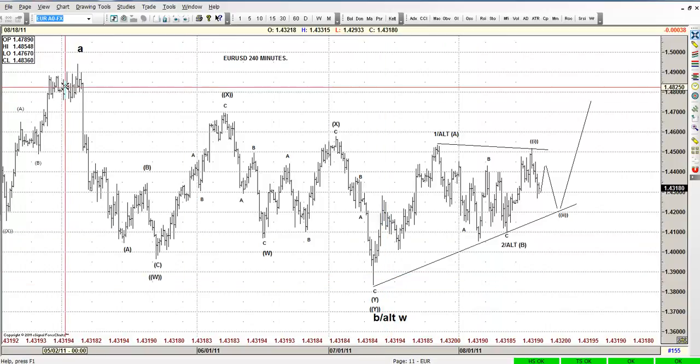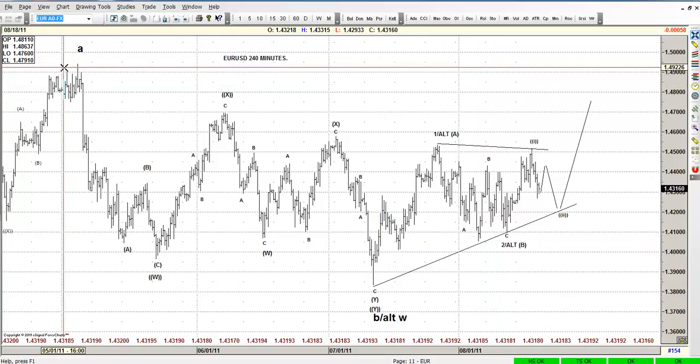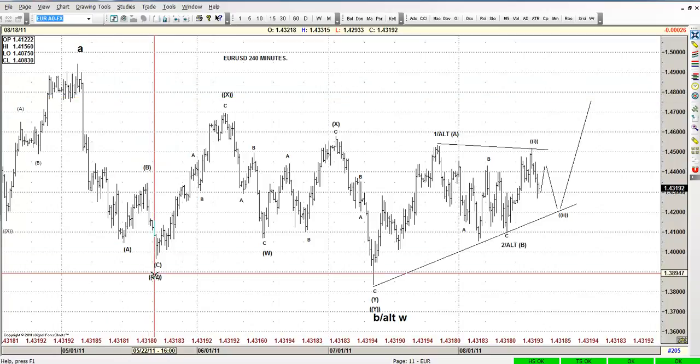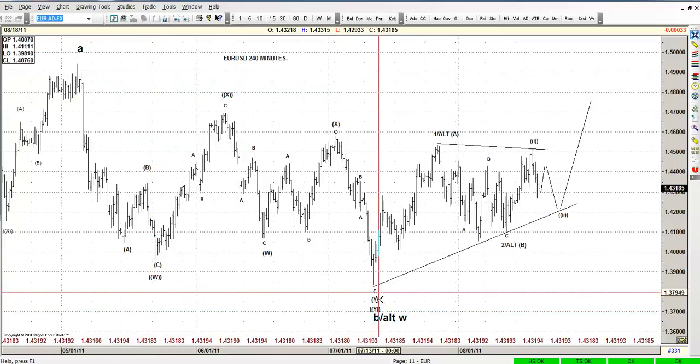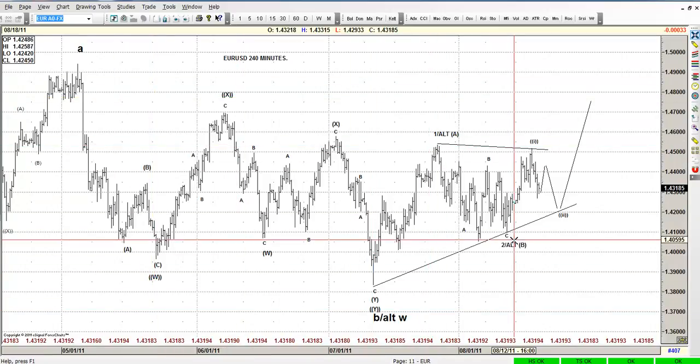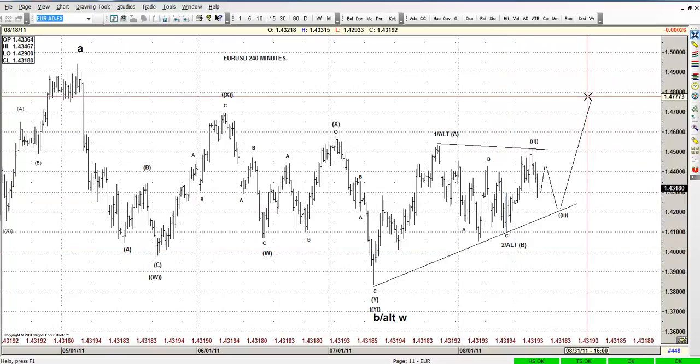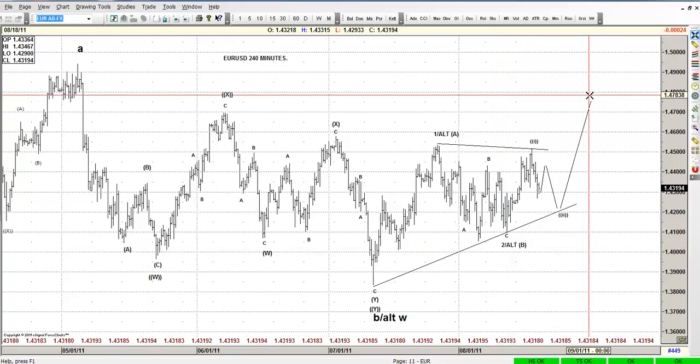It's the triangle, and it goes W, then this is A, this is B, and then we're going to go the C to around the 147 area. That's the second most bullish.